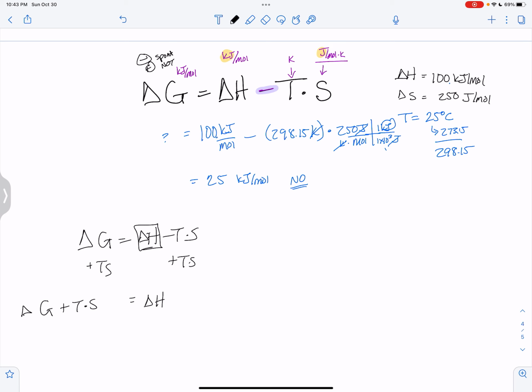And then over here, if I needed to rearrange it to solve it for S, I would start with this.